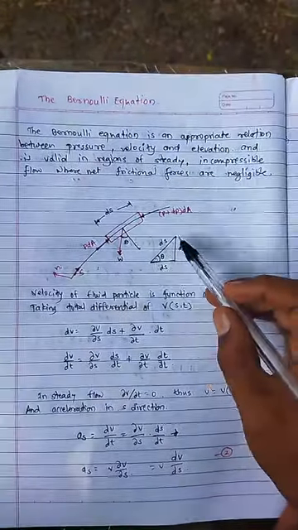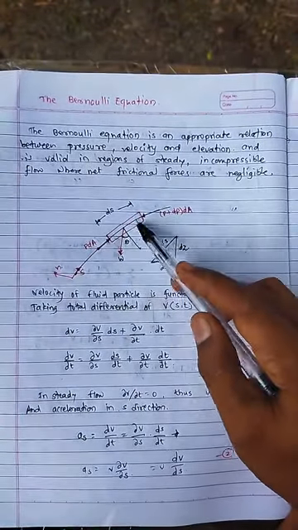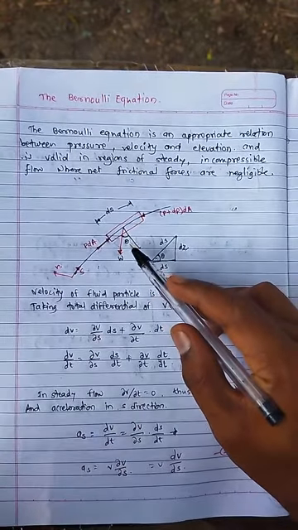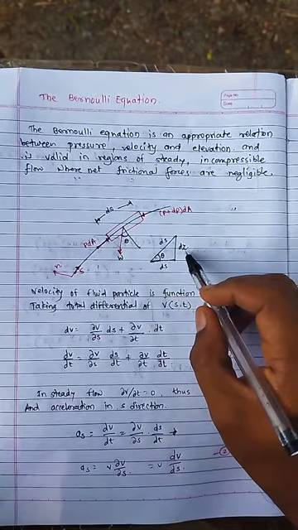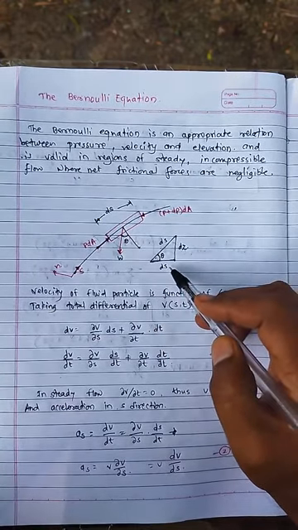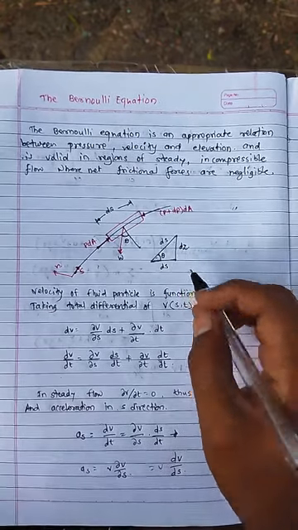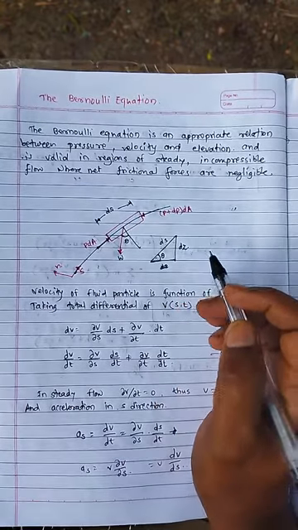Here we will draw a triangle, where ds is the distance of the fluid element and theta is the angle subtended between the normal vector and the weight vector, and dz is the vertical distance. So this is ds and this is dz.